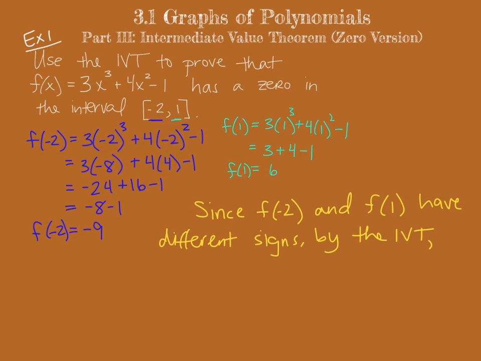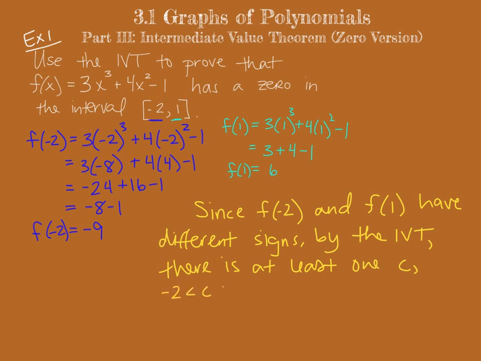The first way we can write it is a little bit more wordy, the English way. This one uses more words. So by the IVT, we can conclude that there is at least one c value where c is in between these a and b values, -2 and 1.